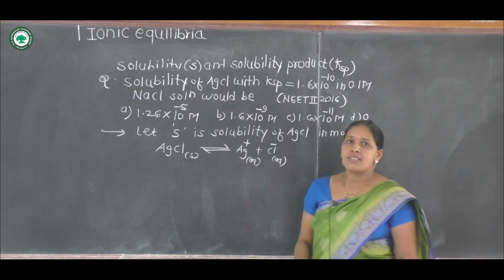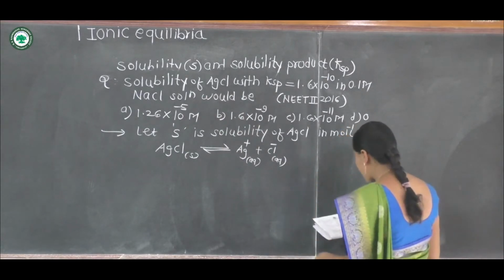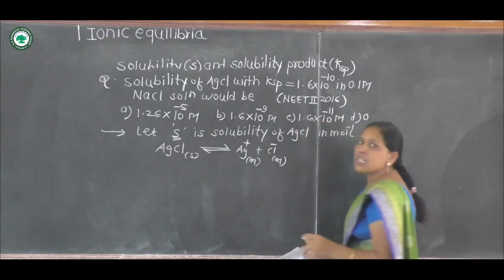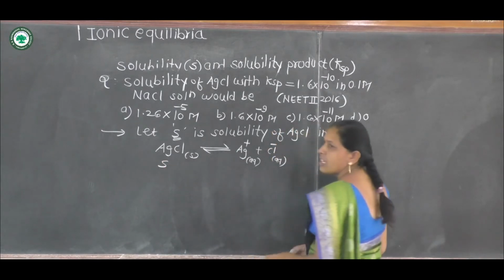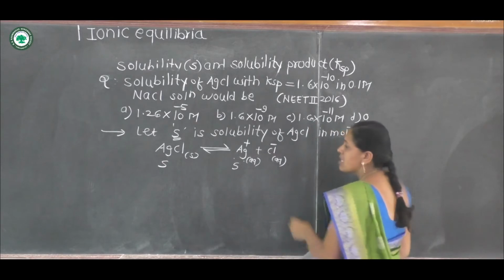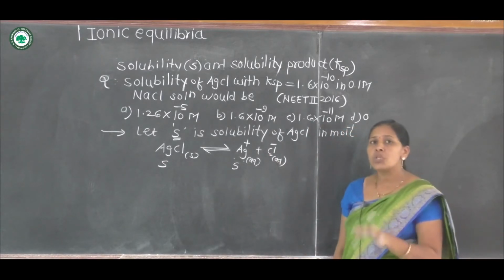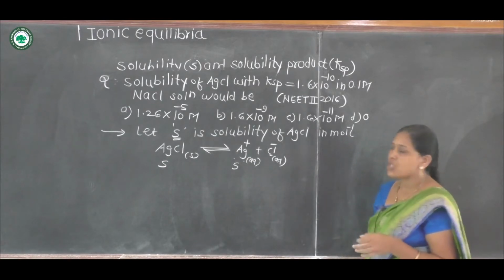Cl minus ion is common. Therefore, if we consider S is the solubility of silver chloride, it forms Ag plus having solubility S, and Cl minus ion is present in both solutions, 0.1 molar NaCl solution and AgCl solution.